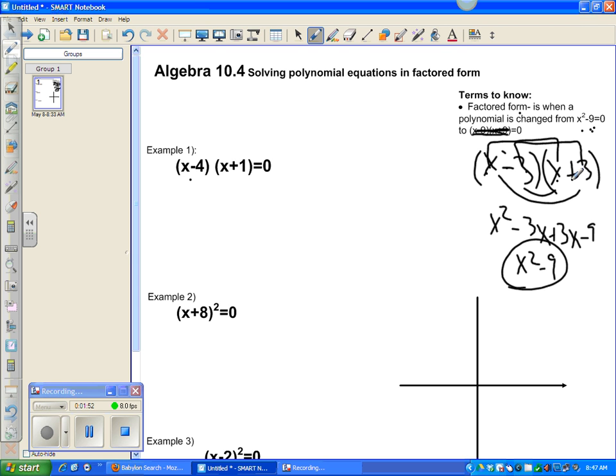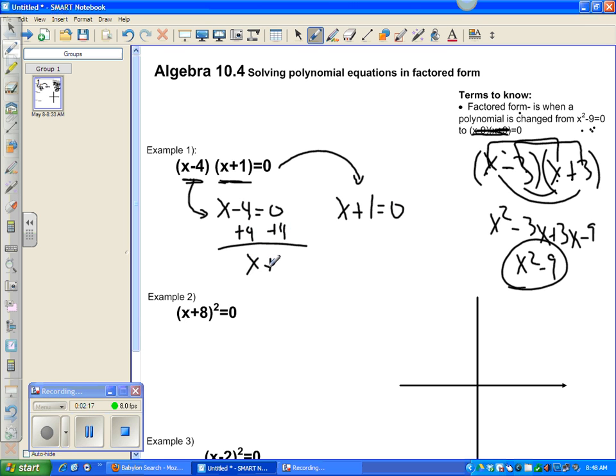First of all, what they want you to do is set each factor to 0. Each one of these different parentheses needs to be set to 0. So let's do this. X minus 4, which is this one, is equal to 0. And let's put this one over here, x plus 1 is equal to 0. Let's get x by itself, or isolate the variable x, which is the proper term for that. X minus 4 equals 0, so x is equal to positive 4.